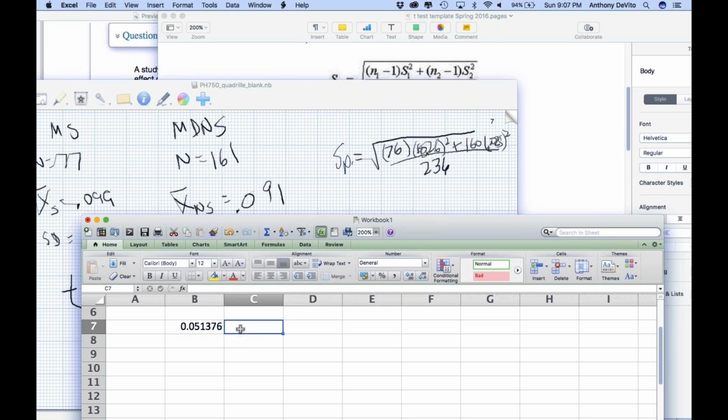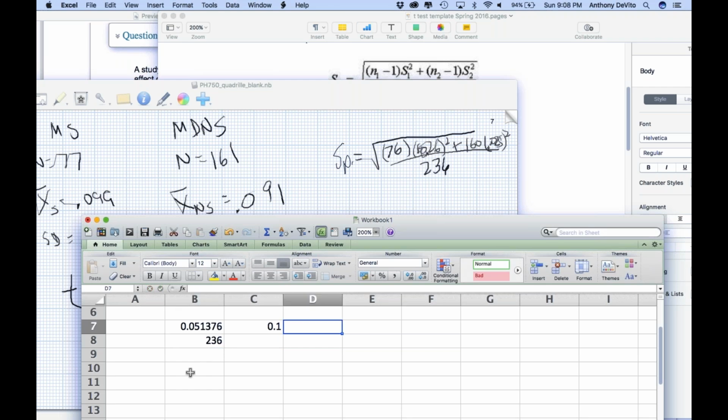And the second part is going to be 160 times 0.025 times 0.025. Whoops, I forgot to put the equal sign in front. Good. And then I got that over 236.